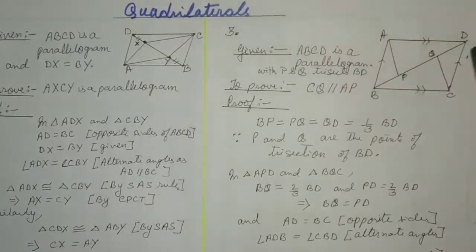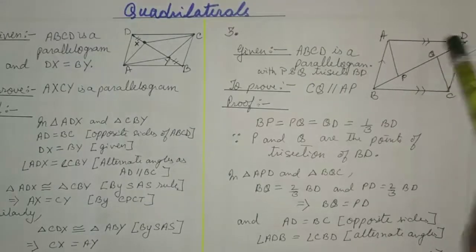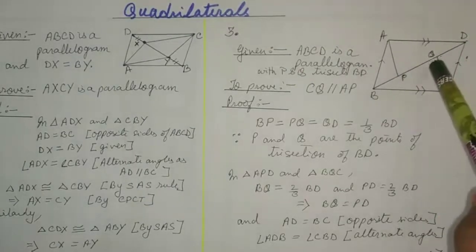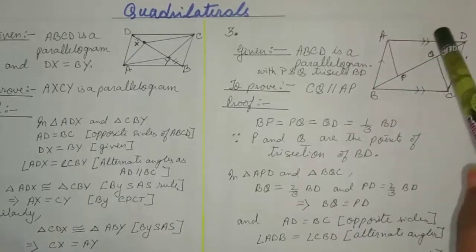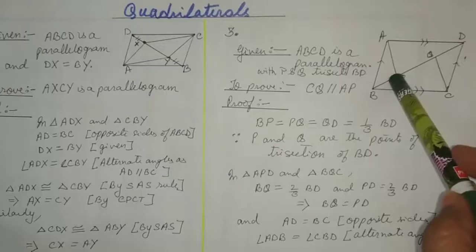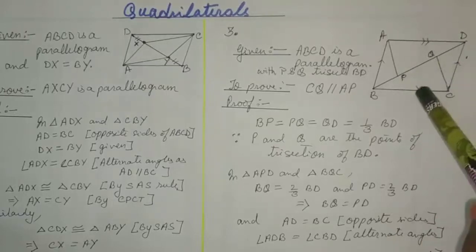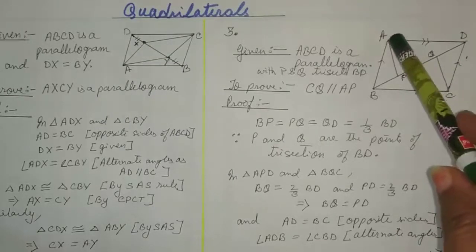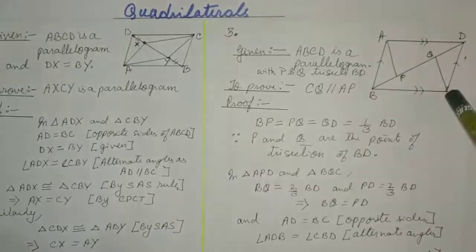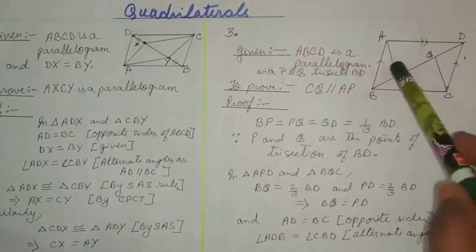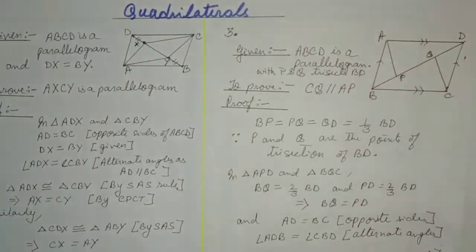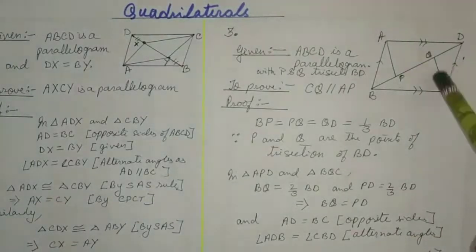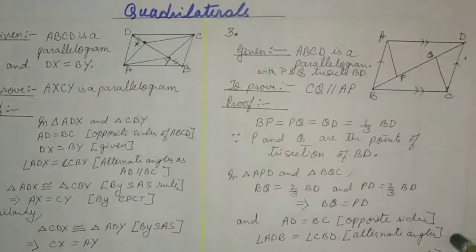Now we know that angle ADP and angle QBC are interior alternate angles. So the triangles are congruent by SAS rule. Therefore, angle APD and angle CQB are also equal by CPCT rule. And since the relation is alternate angles, we know that CQ is parallel to AP.